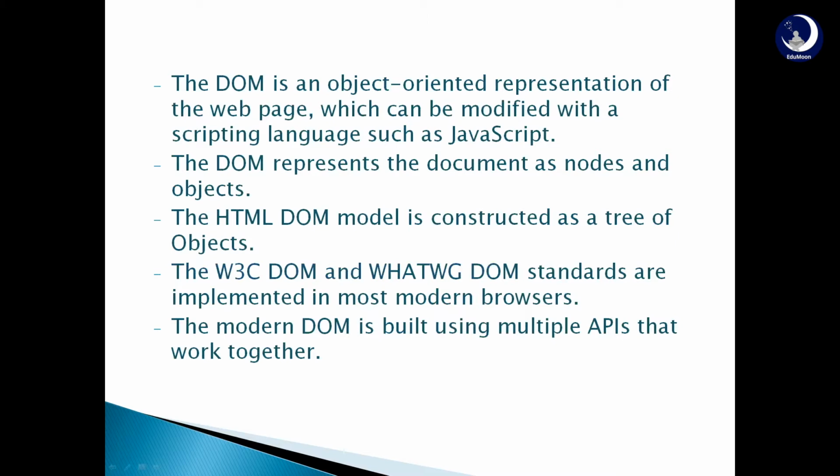As it is an object-oriented representation, it represents the document as nodes and objects. And also, the HTML DOM model is constructed as a tree of objects. There have been many standards for DOM, among which the W3C DOM and WHATWG DOM standards are implemented in most modern web browsers. The modern DOM is built using multiple APIs that work together.